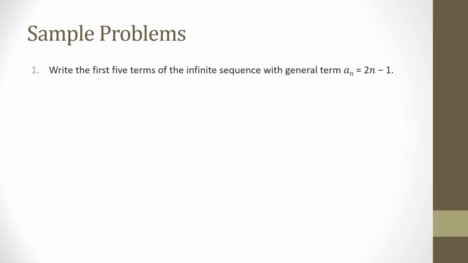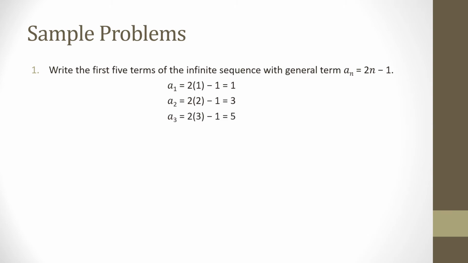Write the first 5 terms of the infinite sequence with general term a sub n is equal to 2n minus 1. Syempre, mag-start tayo sa 1. So, a sub 1 is equal to 2 times 1 minus 1 is equal to 1. Then, a sub 2 is equal to 2 times 2, 4, minus 1 is equal to 3.